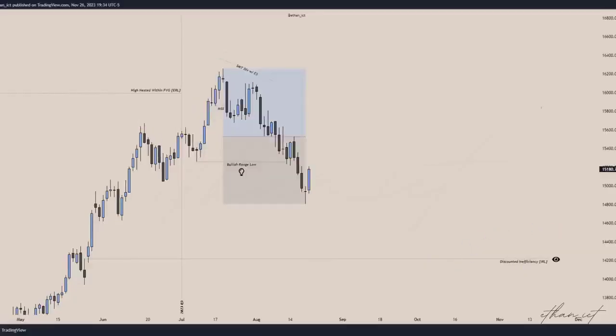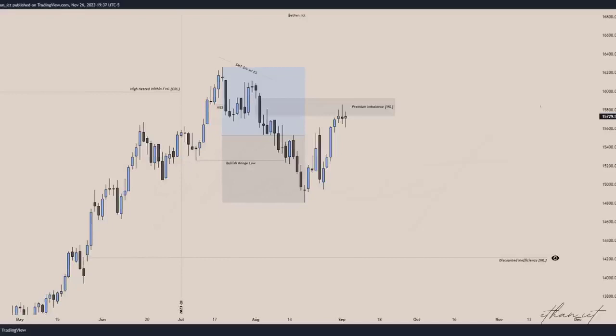So in this slide, I highlight the new dealing range once that low is purged. And with all the context we have now, what would we look for? Well, now that external range liquidity has been purged, we look for internal range liquidity, which would be depicted by the premium imbalance within a bearish dealing range in this case, which would be right here.